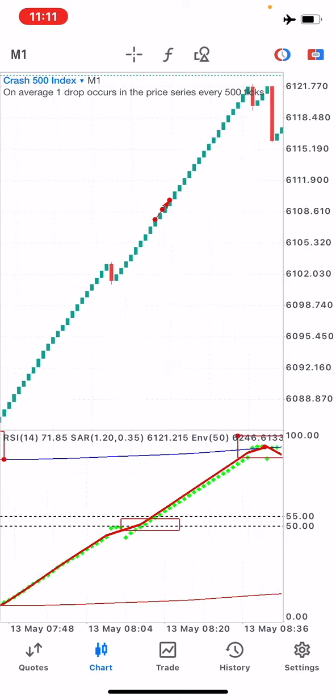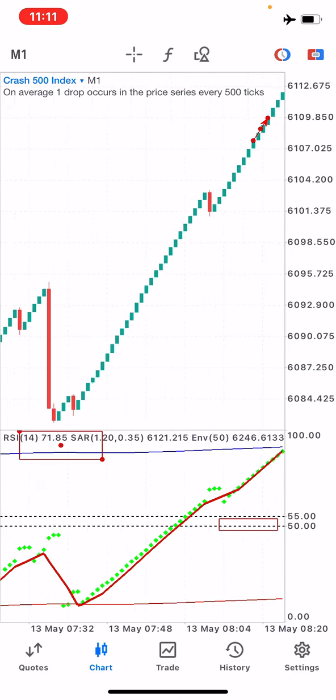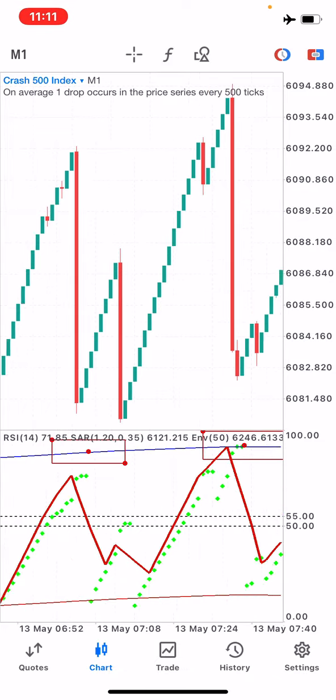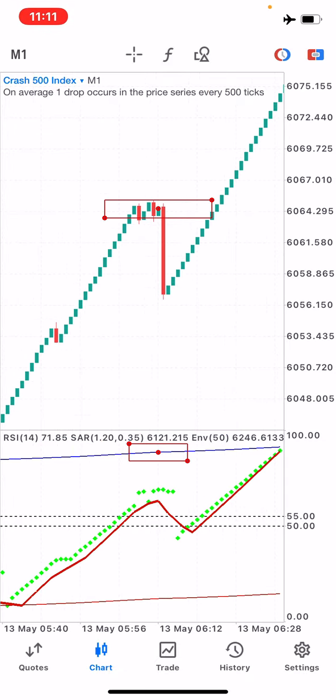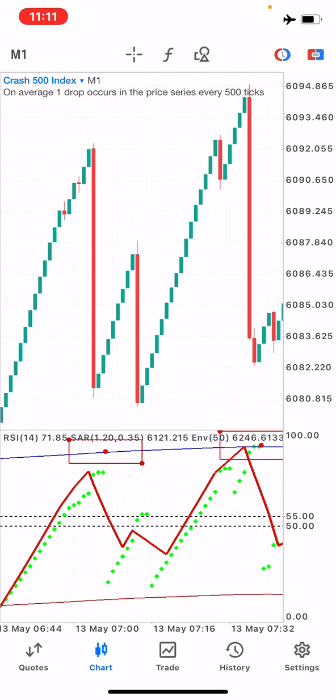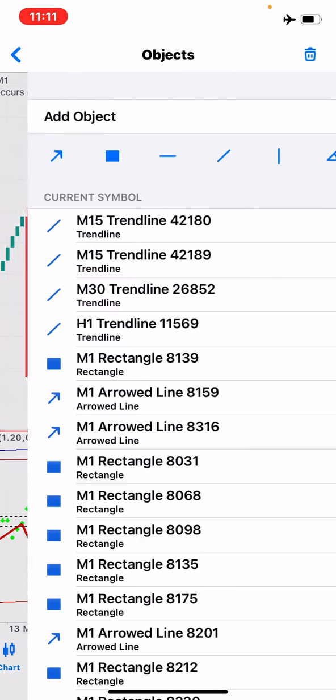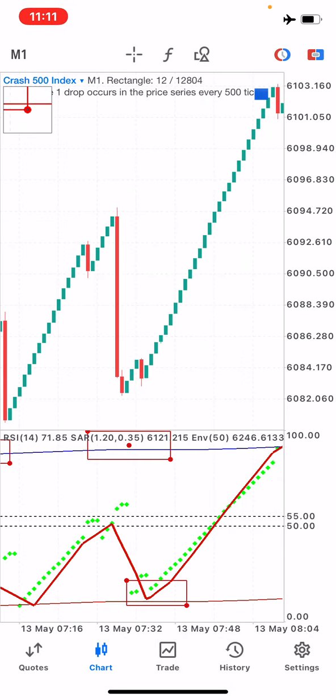The second type of entry is at the bottom right here. At the bottom, you're going to wait for the 2 red lines to touch each other, and you're going to enter into a buy mode if it's crash, right?